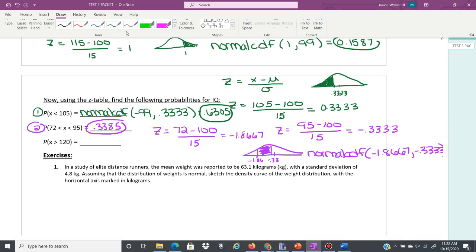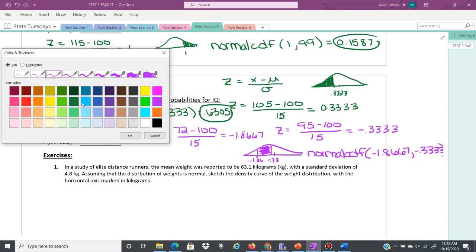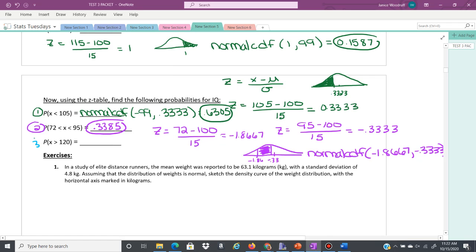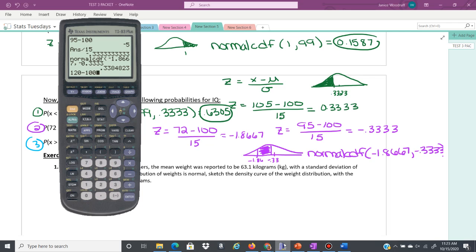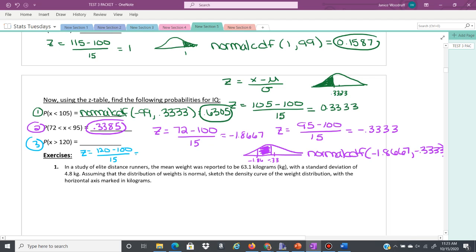Okay, and then number 3, find the probability the IQ is over 120. Okay, so standardize the score. So z will equal 120 minus 100 over 15, 1.3 repeating. Okay, and then we're visualizing that as this.